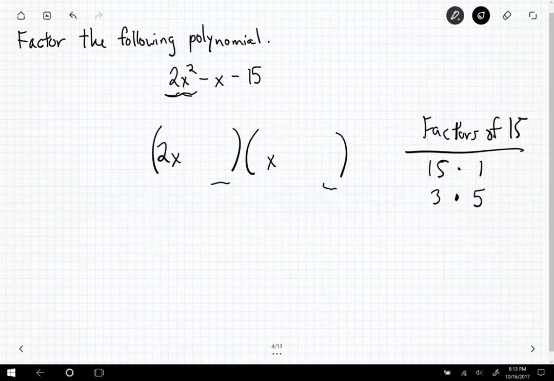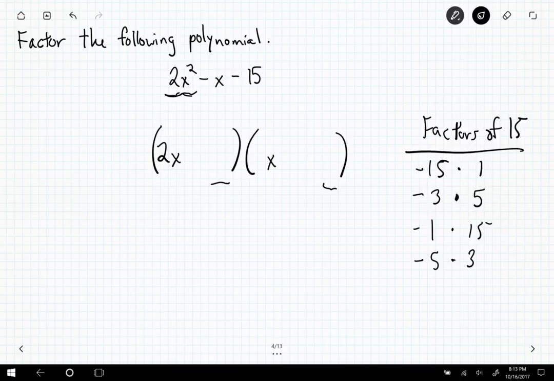Or, my apologies, we had negative 15. So you have negative 15 and 1, you have negative 3 and 5, you'd have negative 1 and 15. I gotta be a little bit more careful here. And negative 5 and 3. Okay? So we have our factors of 15.